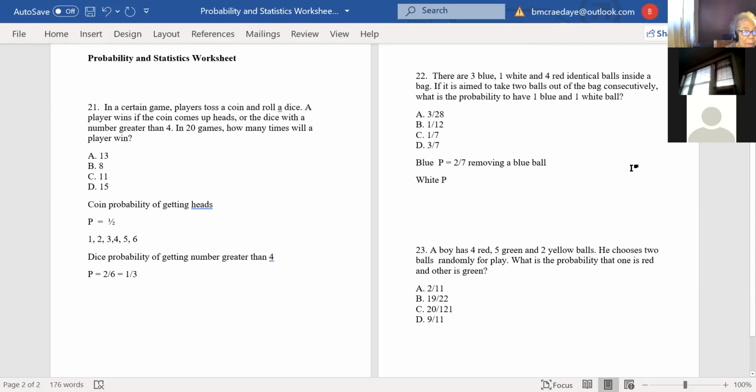And then if you remove a white, you'd have no whites left. So if you took a white, actually it would be 0/6.